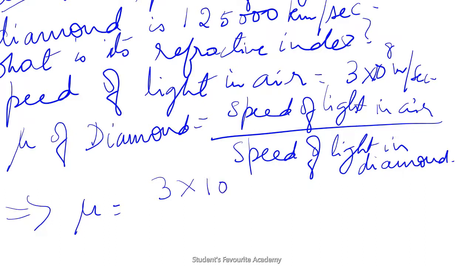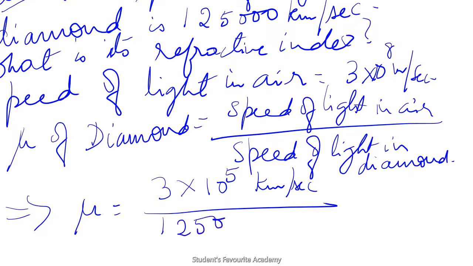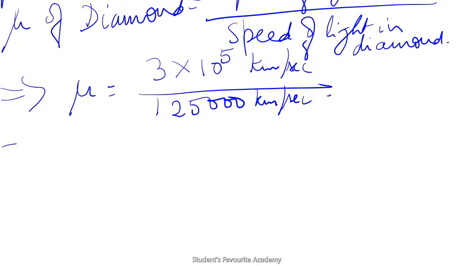So 3 into 10 to the power of 5 kilometer per second, as 3 into 10 to the power of 8 divided by 1000 gets converted to kilometer per second, upon speed of light in diamond, which is 1,25,000 kilometer per second.